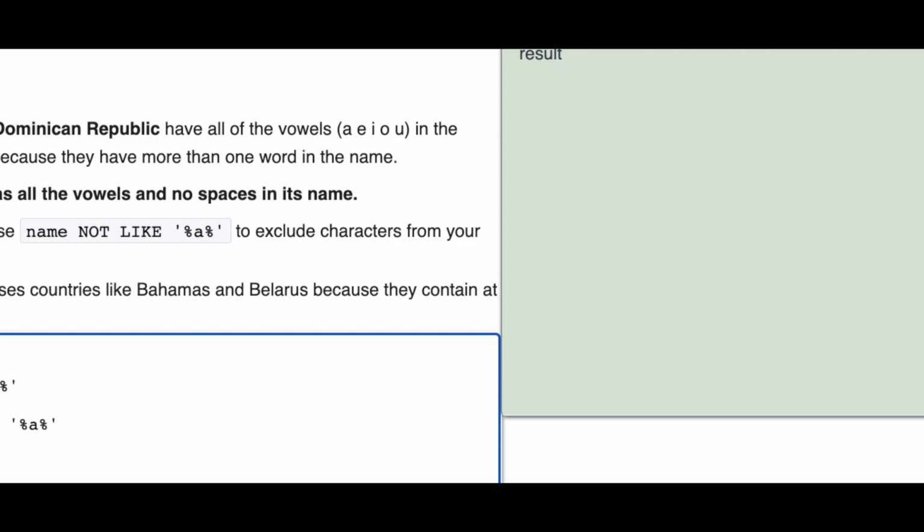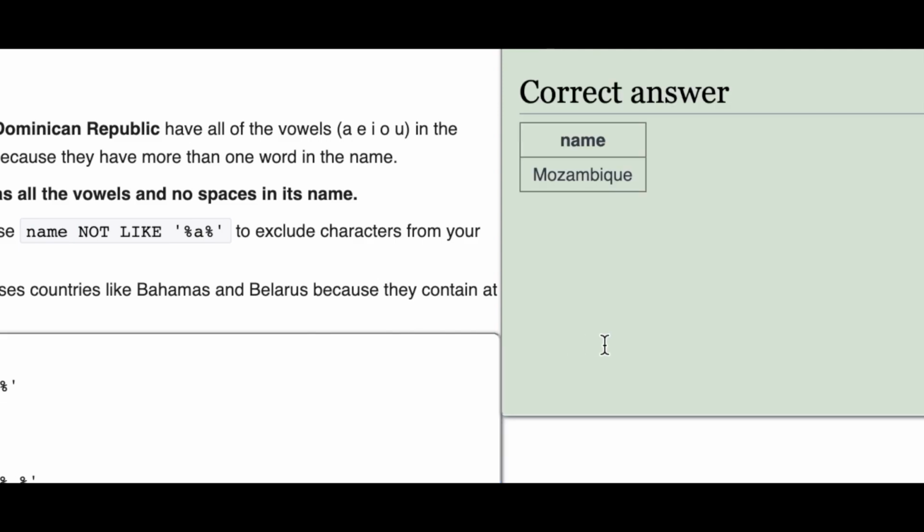A, E, I, O, U. Okay, for space I'm just putting the space, so there should not be any space, but it should have vowels. Let's see if that gives the result.